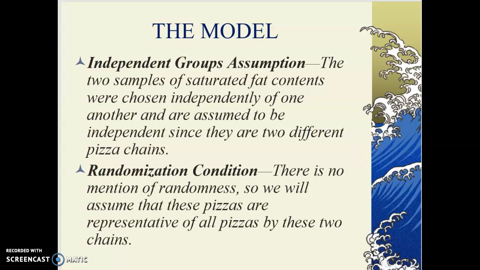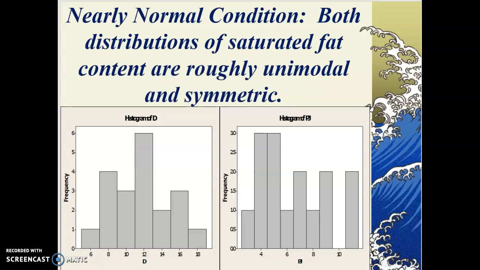We're going to assume that the pizzas were representative of all pizzas by these two chains. Maybe they were selected randomly over a time period. We just have to make that assumption. Certainly, we don't want to stop here and not do the problem because we don't know for sure if it's a random sample of pizzas. We're just going to move on and make that assumption.